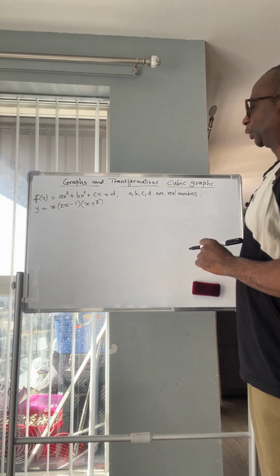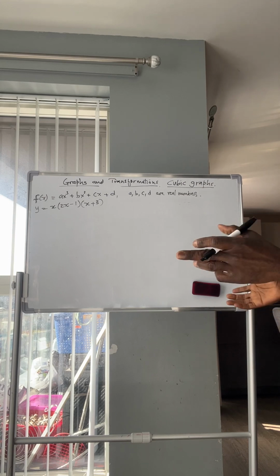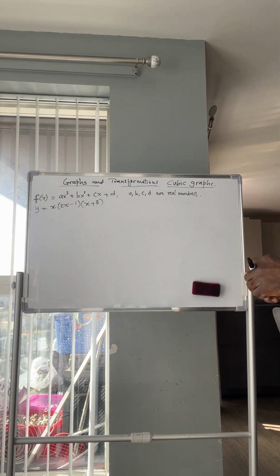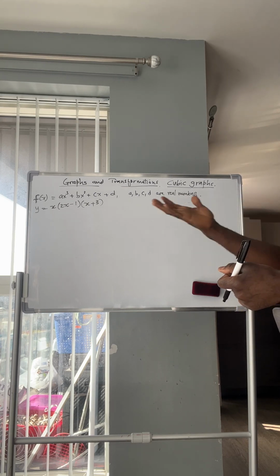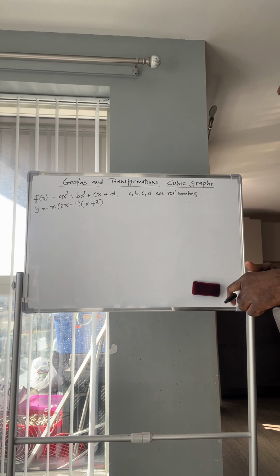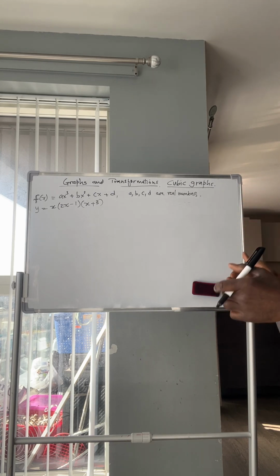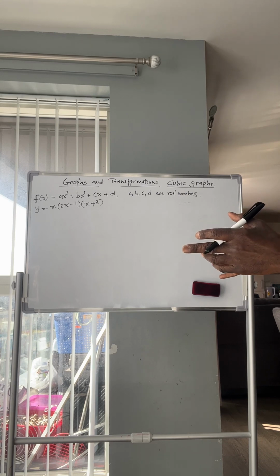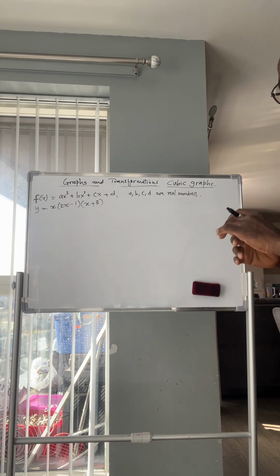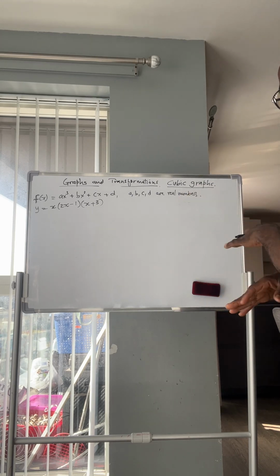First thing you do is find the positions of the graph on the x-axis, that is, where this graph crosses the x-axis. Where the graph crosses the x-axis, all values of y are 0. There's no vertical value there, it's just horizontal.